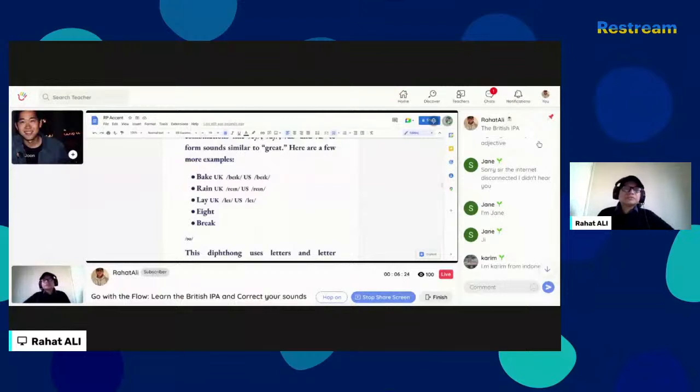So lay, what does it mean? To put something in, especially a flat or horizontal position, usually carefully or for a particular purpose. Like, she laid the baby on the bed. He laid the tray down on the table.